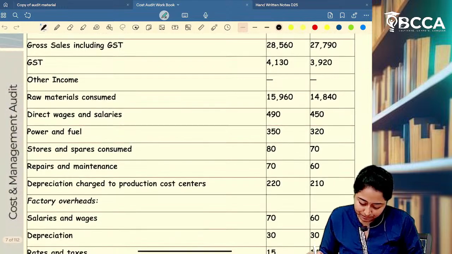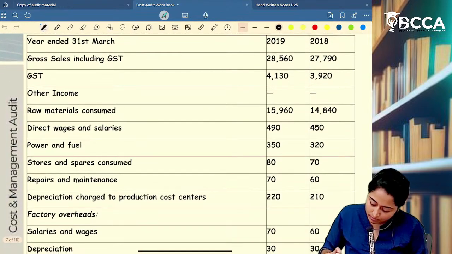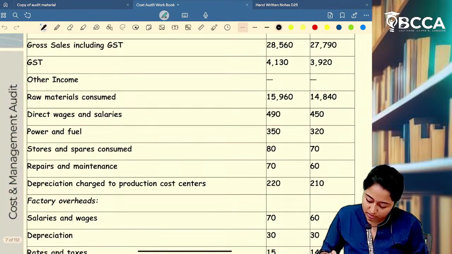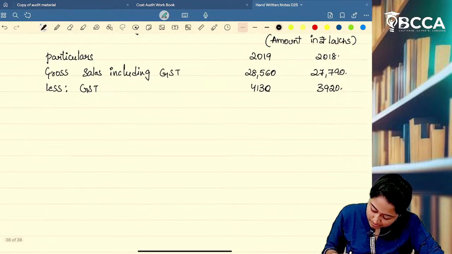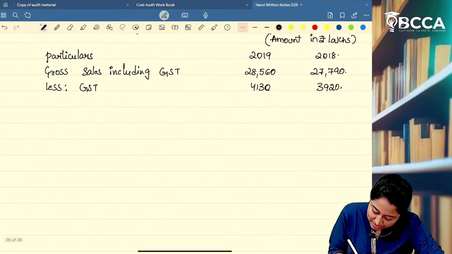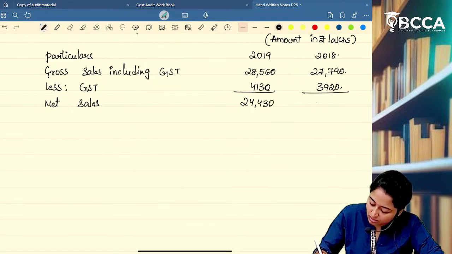And then other income, not given. Now raw materials consumed. We'll take it as less. Here net sales, how much is net sales? 24,000.